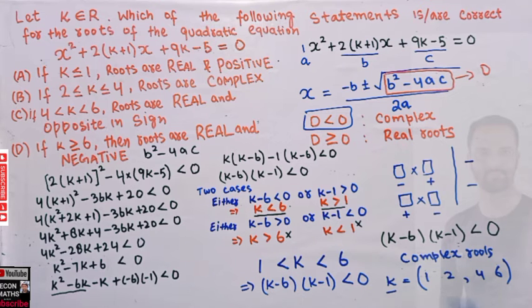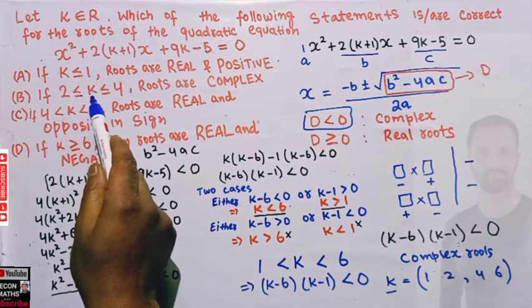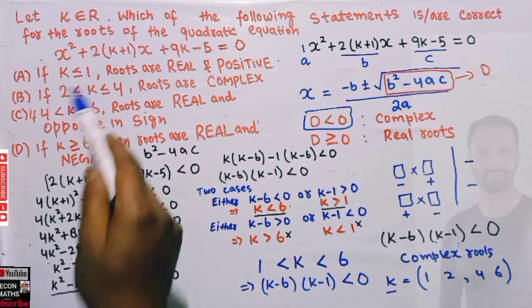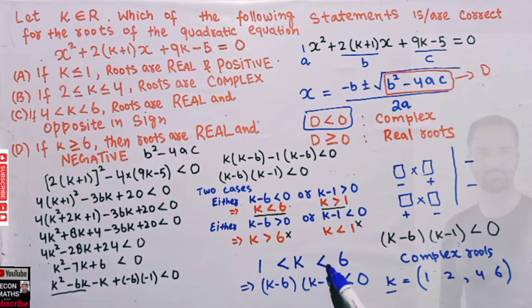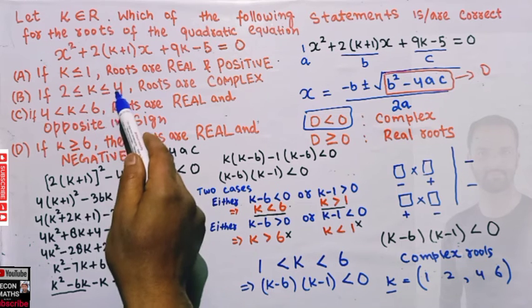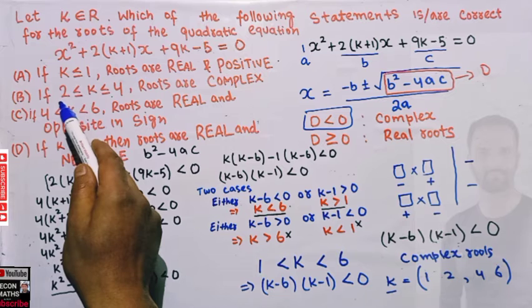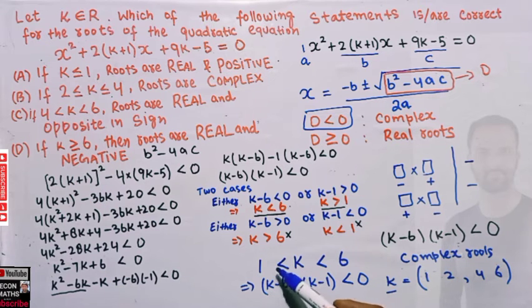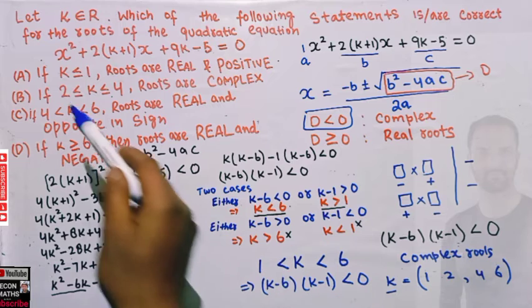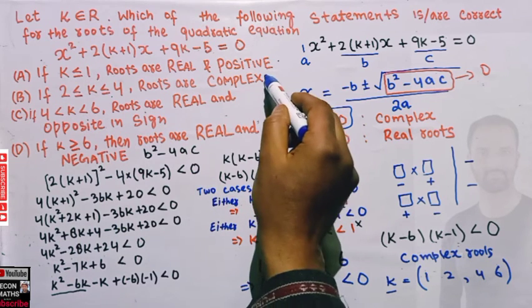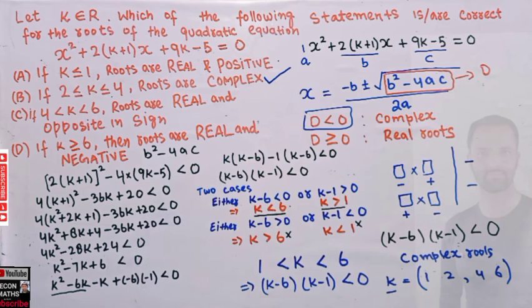I hope I am making sense here, because k should be less than 6. Here k is less than 6, this satisfies the condition. K should be greater than 1 means k is greater than 2, obviously. So this option is correct.